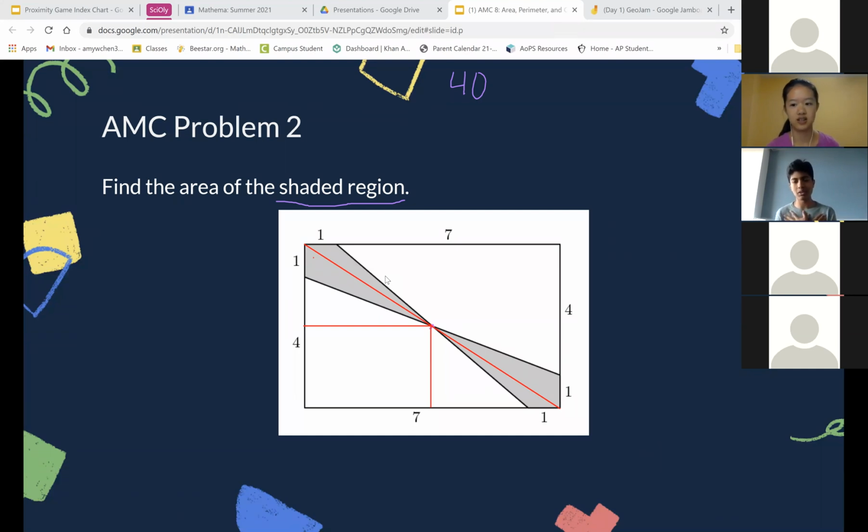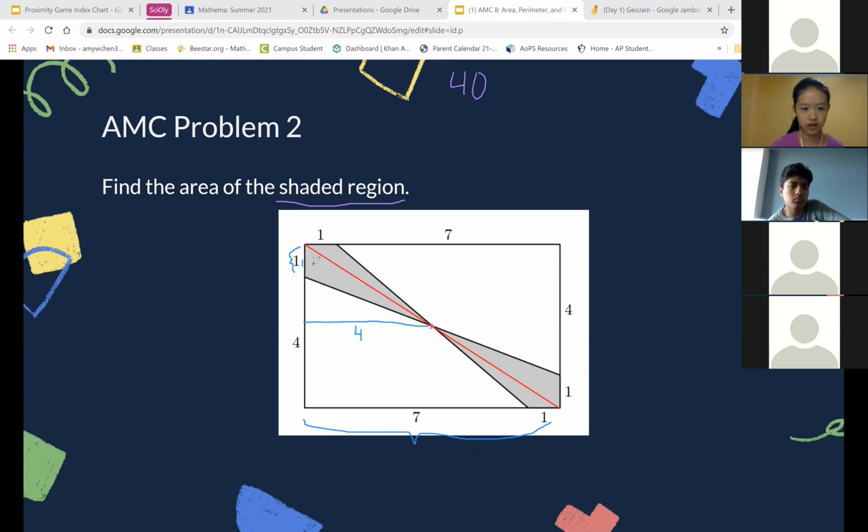Let's solve it. Personally, I'd find the area of the white space and subtract it from the total rectangle. Actually, I would prefer to directly find the area of the gray area, because I can split it into a couple of triangles. The base of the triangle has a length of 1, and the height is half the length of this side, so the height is 4.